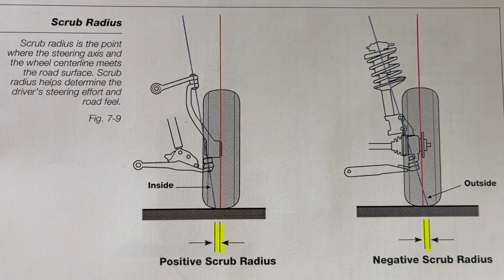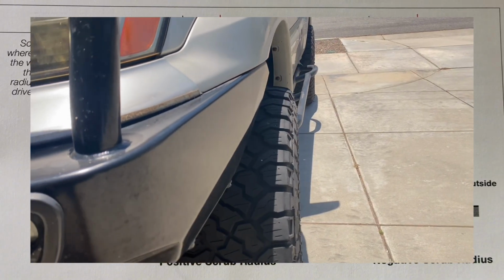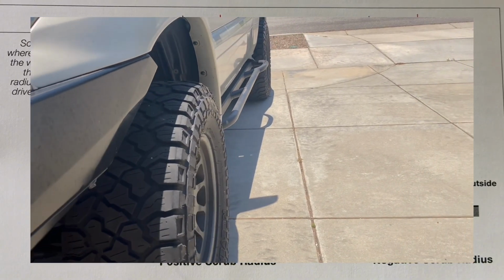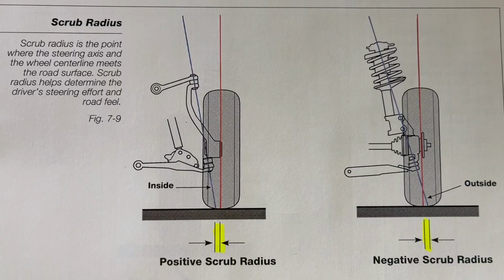But I also increased the tire diameter from 31 to 33 inch, so the scrub radius is reduced by 5 millimeters. With the larger tires and the zero offset, now I have 35 millimeters positive scrub radius, which is still under the 40 millimeter maximum allowance.